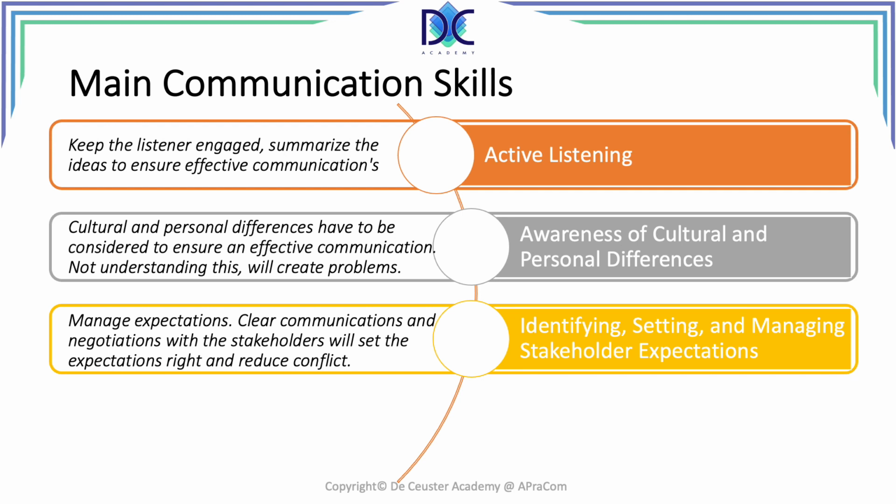In the beginning the customer or the project sponsor may not be really happy, but it's very important to be clear about the things, to say what is actually possible. Making promises that cannot be met will lead to issues, will lead to a loss of trust.